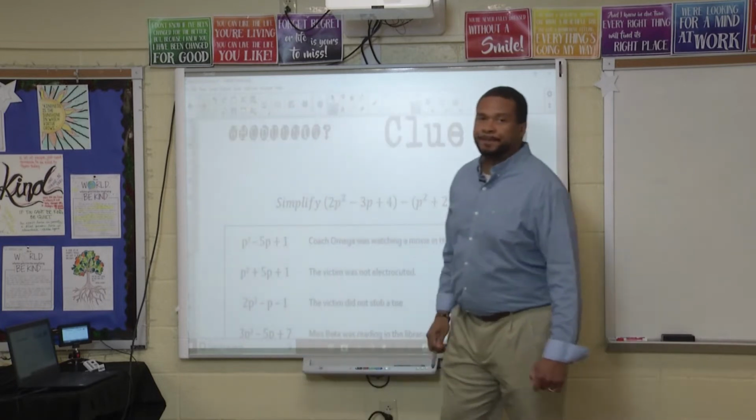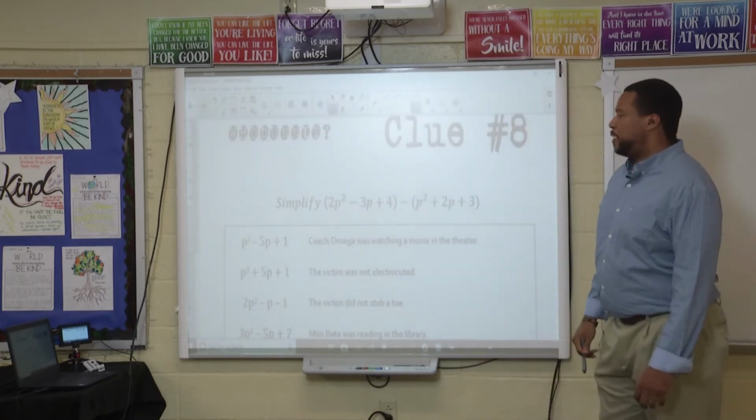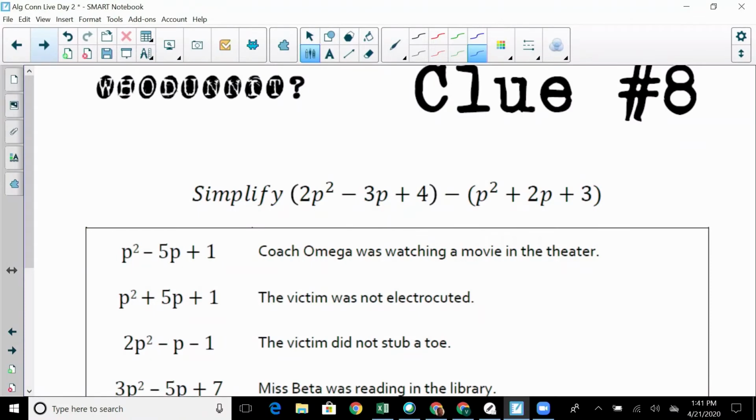Our 8th clue. 2p squared minus 3p plus 4 subtracted from p squared plus 2p plus 3. Once again, we know our like terms. Combine these. 2p squared minus p squared is just p squared. Negative 3p minus 2p.